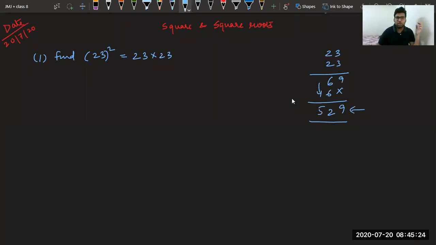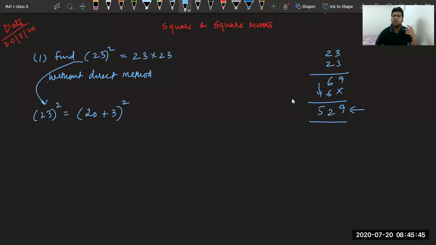Suppose a question comes without the direct method or without actual multiplication. In that case, what we can do is take this 23 square as 20 plus 3 square, because it is easy for us to find square of 20.